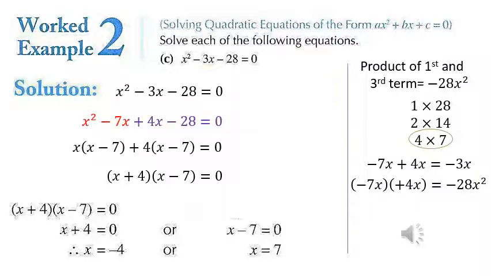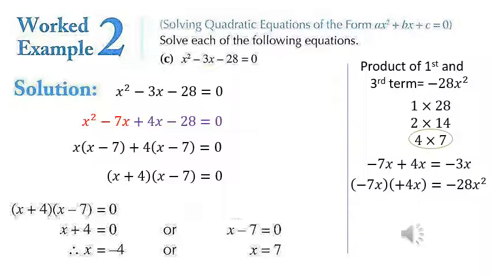When we add minus 7x and plus 4x, we get minus 3x. When we multiply these two, we get minus 28x square. Substitute minus 7x plus 4x for minus 3x, which is the middle term of the equation.